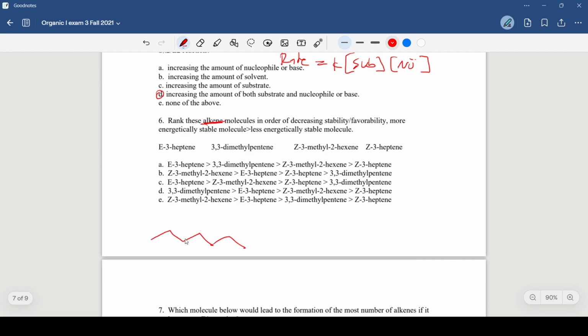And this is E because it's on opposite sides, right? It's E. Okay, 3,3-dimethylpentene. 1, 2, 3.